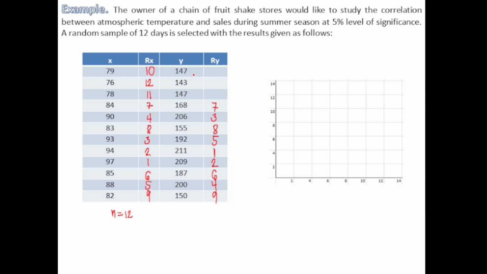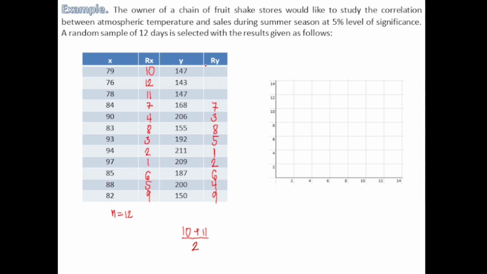So kapag ganito, remember ang sunod natin na rank ay 10 at 11. So since we have a tie, yung 10th place pati yung 11th place ay i-add natin, tapos i-divide natin sa 2. Kapag triple tie, halimbawa, siyempre that is 10, 11, 12. So we need to add them, then divide by 3.